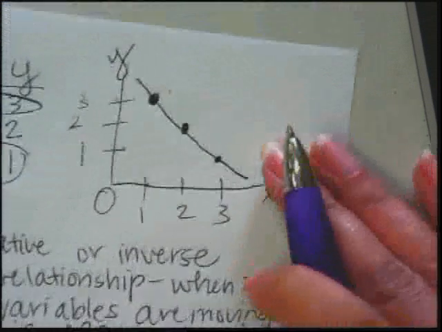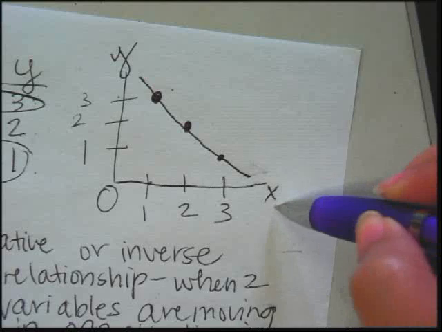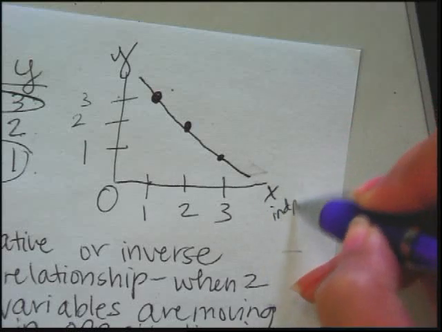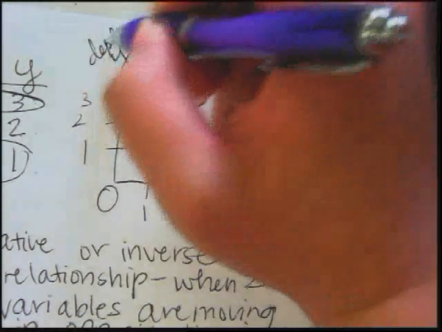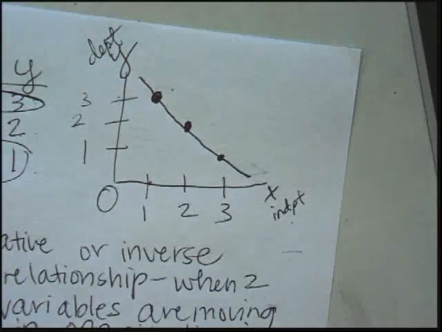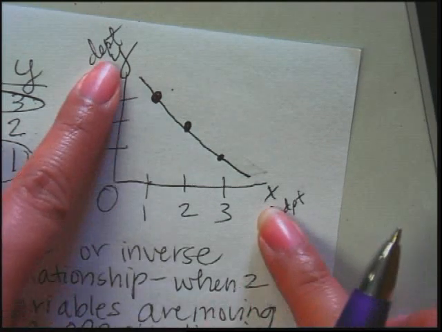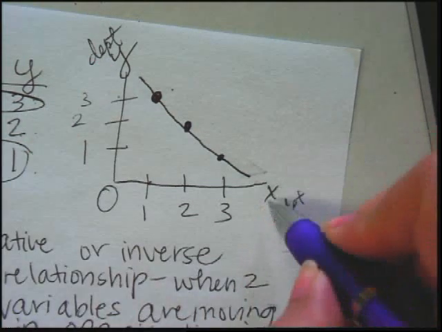Usually, we put our independent variable down here. Don't write this down yet. Usually, we put our independent variable and our dependent variable here. But in economics, instead of y and x, we use price and quantity.